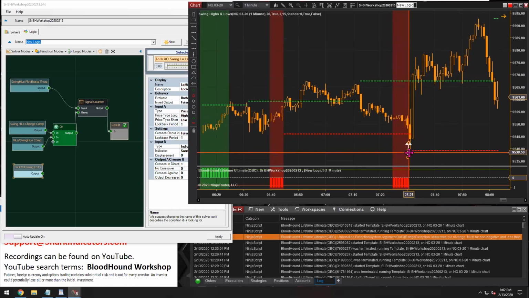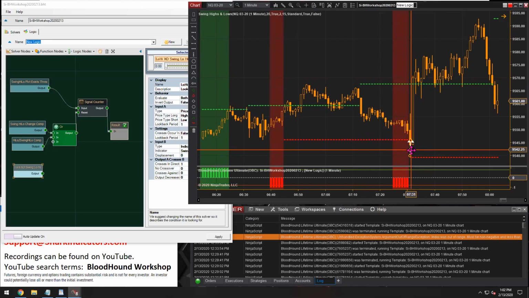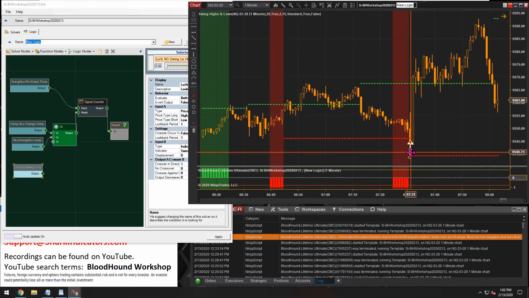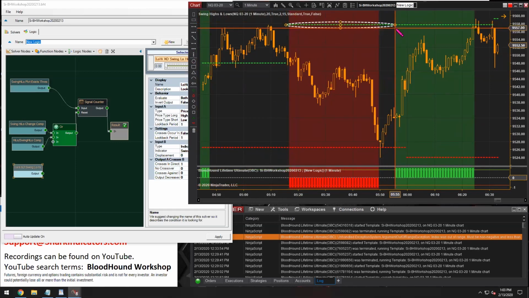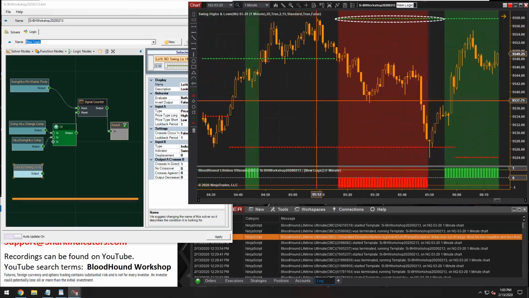But then, once it is broken, our long output turns off. So looky here. We have 40 bars of a swing high, and then eventually, price breaks it, and our long output turns off when price breaks it.